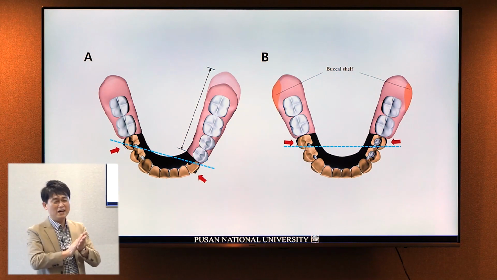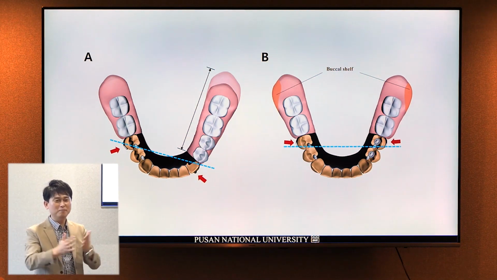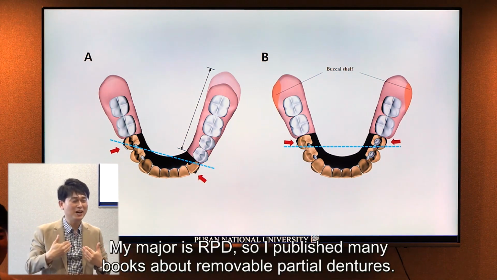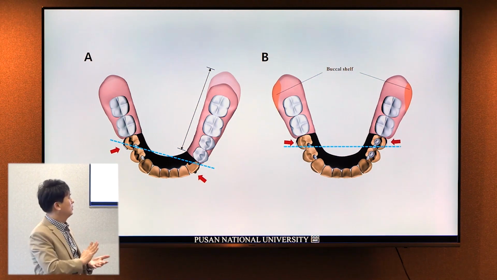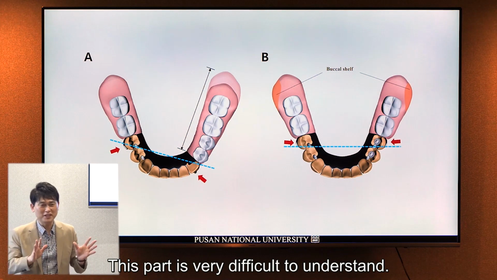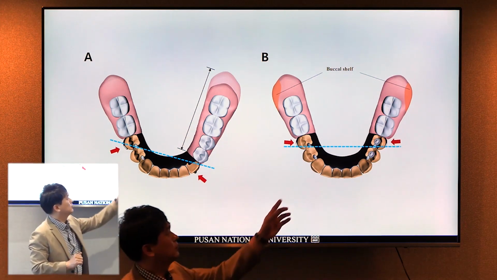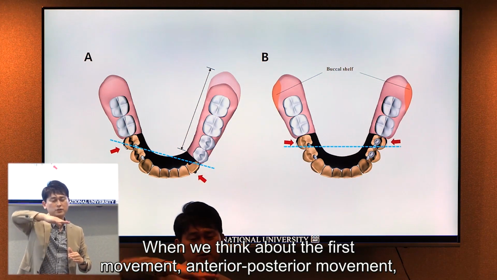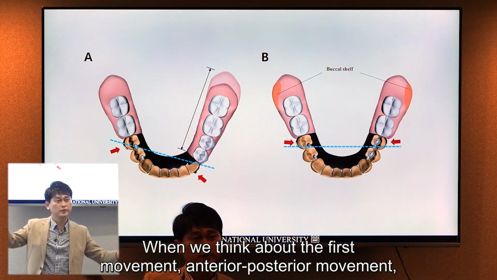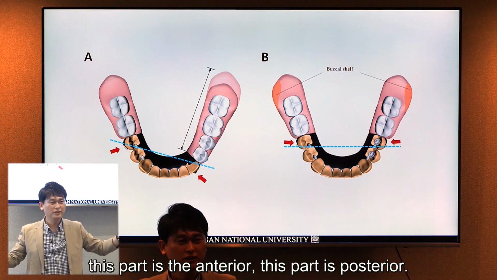My major is RPD. I published many books about the removable partial denture. So this part is very difficult to understand. Anyway, when we think about the rotational movement, anterior-posterior movement, this part is anterior, this part is posterior.